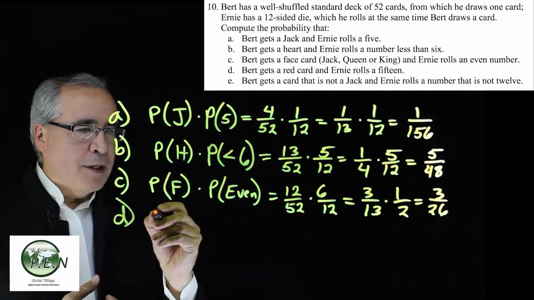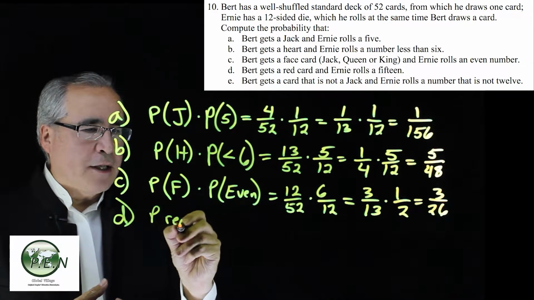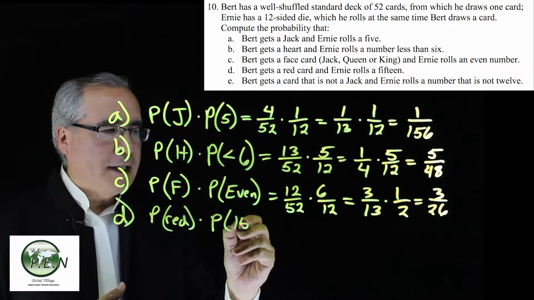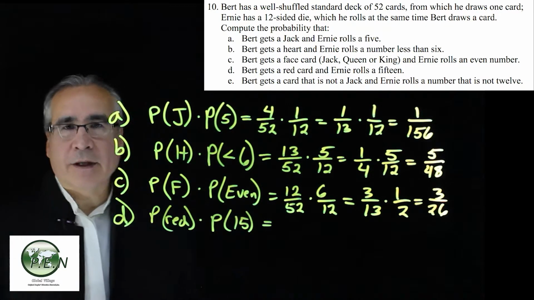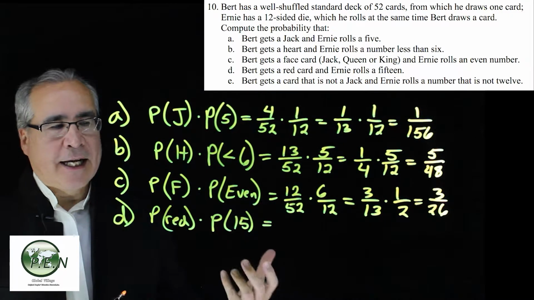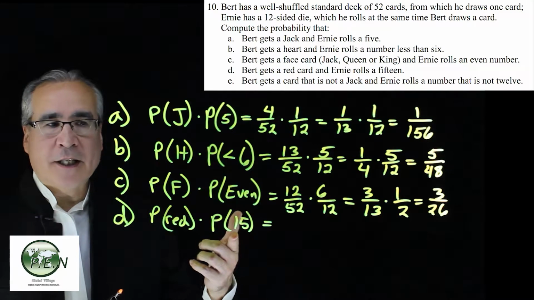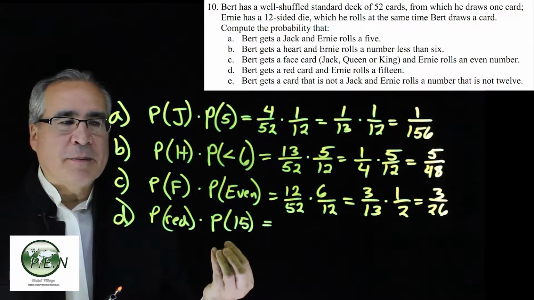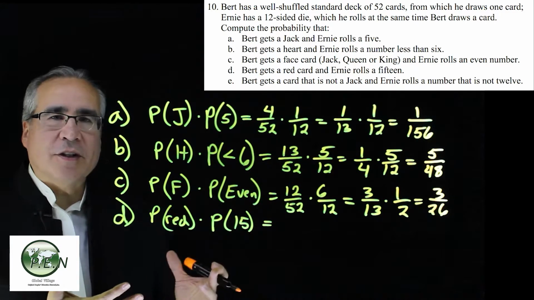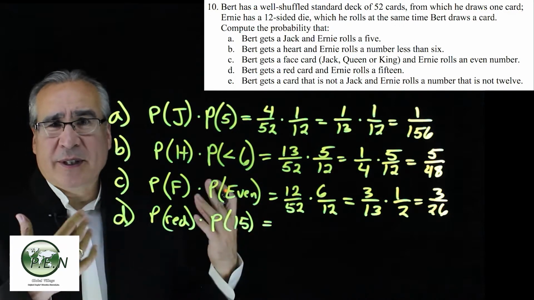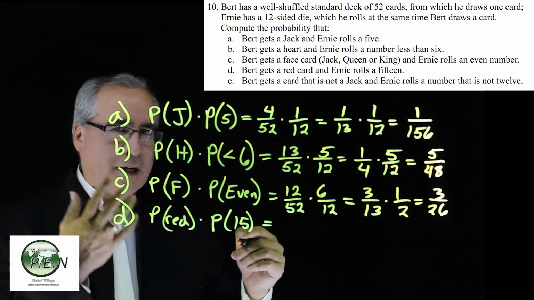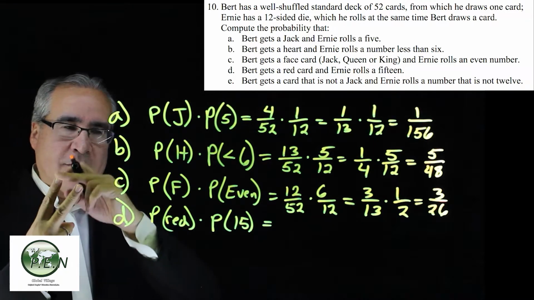D, we want to know the probability of getting a red card times the probability of getting a 15. Now, there is not a 15 on a 12-sided die. There's no room for it. So that's a 0% probability. If one thing is a 0% probability, there is no chance of this happening. So we could just say it's 0. But let's walk through it and you'll see we'll end up with 0. Probability of a red: there are 2 suits that are red, diamonds and hearts.